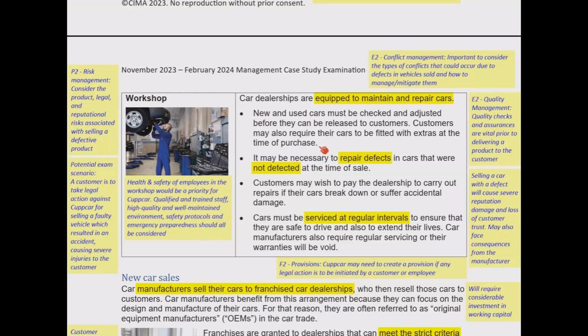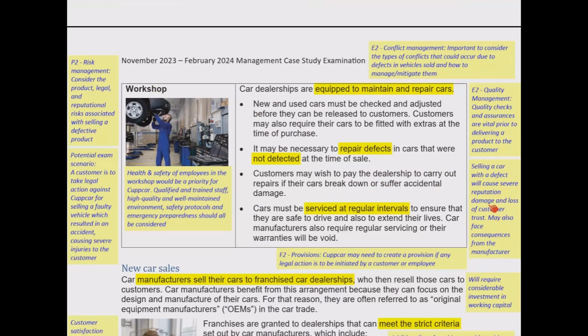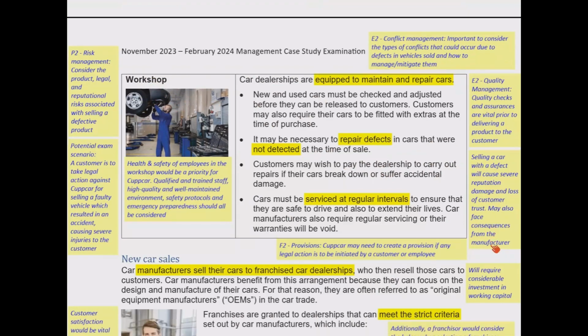Now, imagine selling a car or repairing a car that's got a defect that you miss and it goes to the customer. Think about the reputational damage that might then generate. Think about the consequences of possibly losing the franchise agreement with the manufacturer that we've already mentioned.